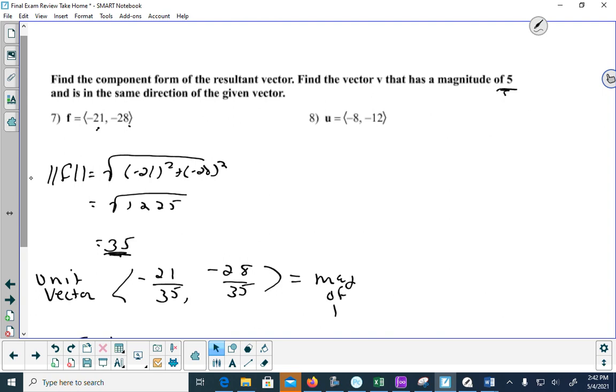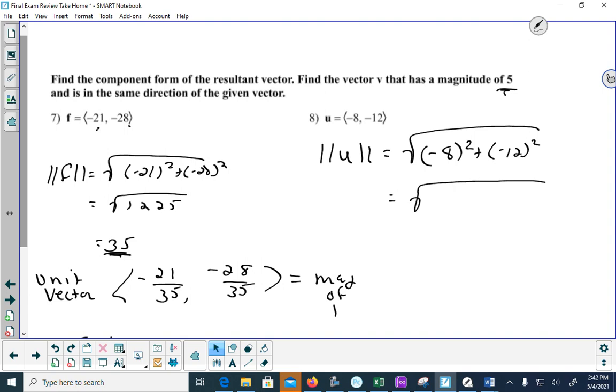First thing I'm going to do is find the magnitude of u, which would be the square root of -8 squared plus -12 squared. And you'll notice that I'm writing parentheses. Make sure if you're going to put those negative signs in that you do put them in parentheses so that you don't mess up, I guess is the best way to say it.